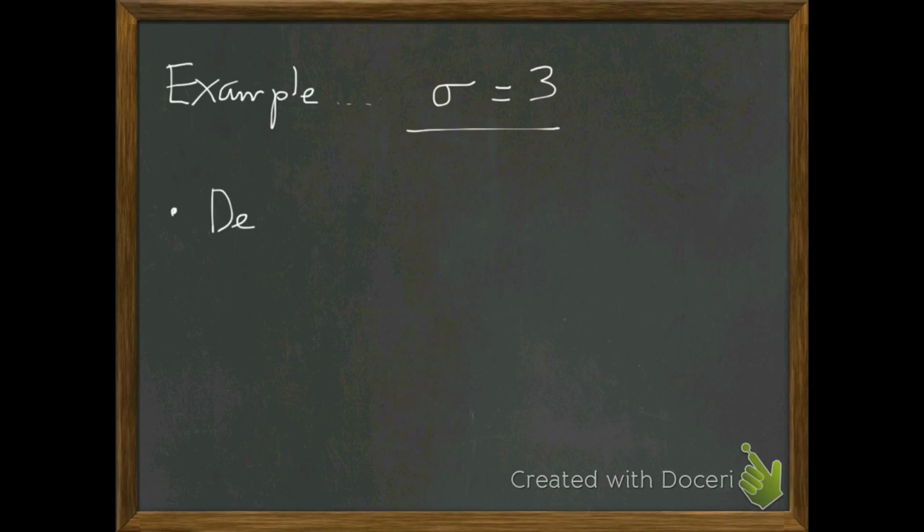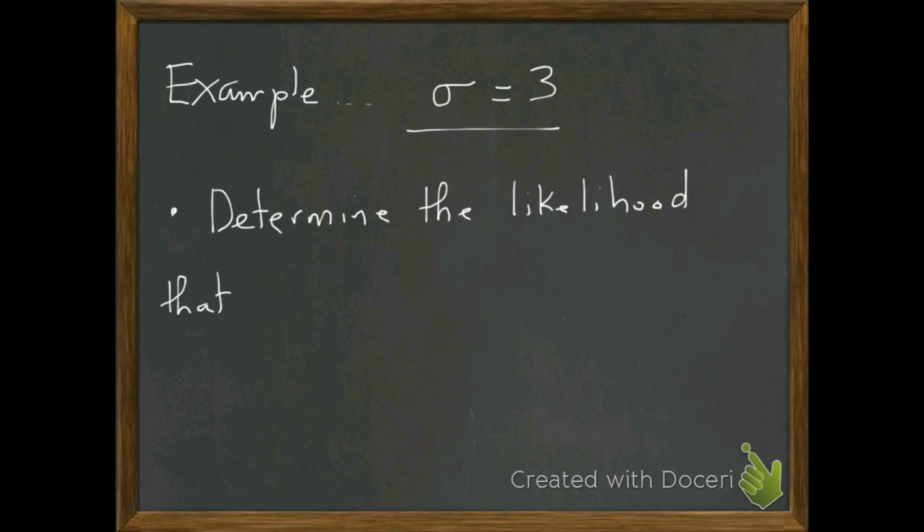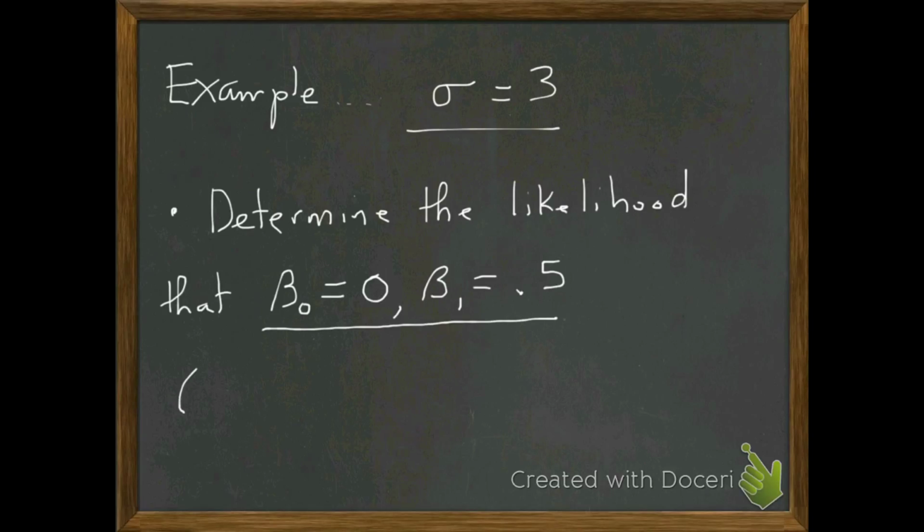Now I want to determine the likelihood that beta 0 equals 0, and let's make it easy on ourselves, beta 1 equals 0.5, given our data: 20, 55, 30, 10.